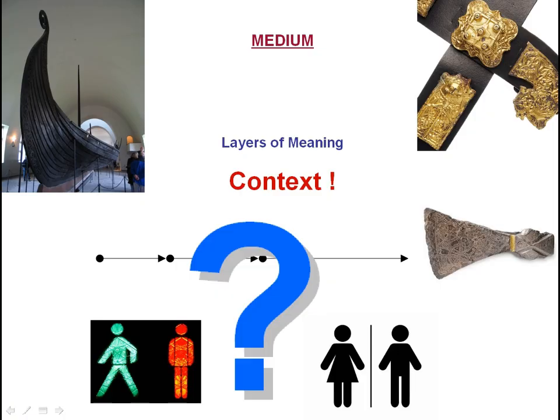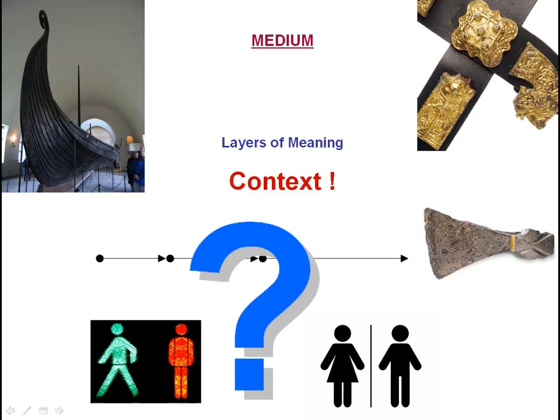And this observation can of course be extended to archaeological materials. So if we have the same figure on a bridle or on a Viking Age boat, this might have different meanings because they are in different contexts.